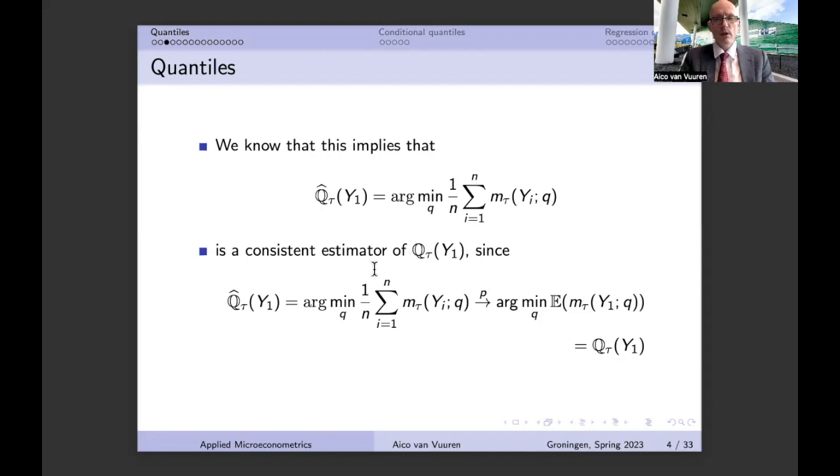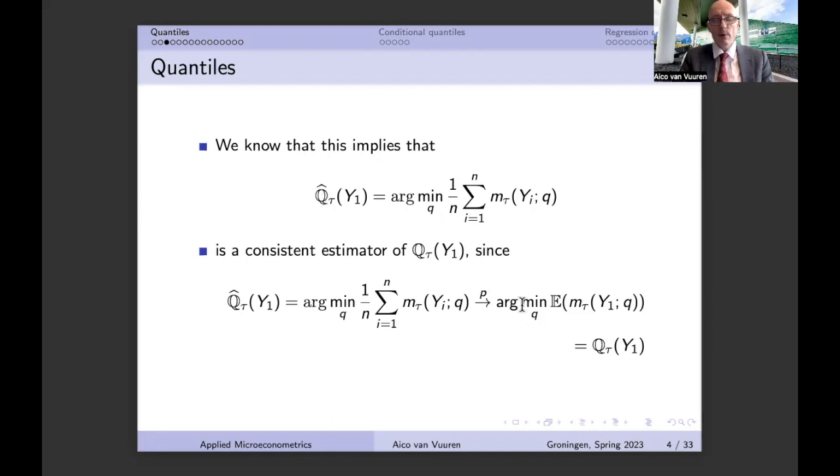So therefore we are going to have the following. What I just said was that this function over here is going to converge in probability to that function over there. But we do know that if they are the same function, the minima should also converge to each other. But now you should realize that what we have here at the left is exactly equal to what we define here as Q hat, our estimator.